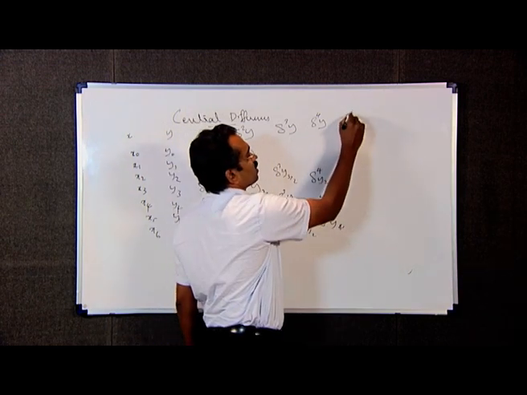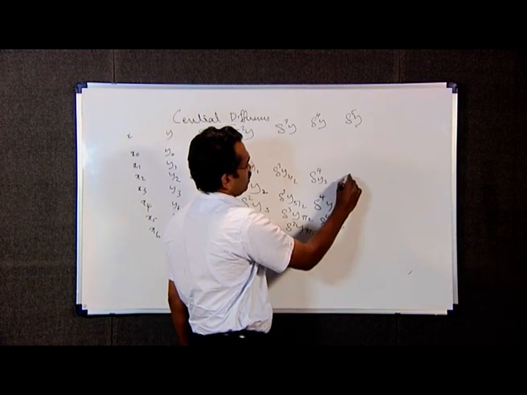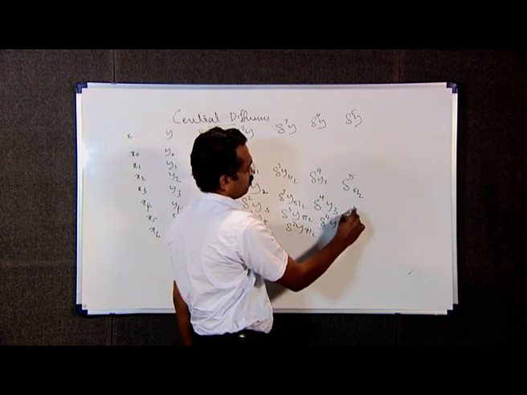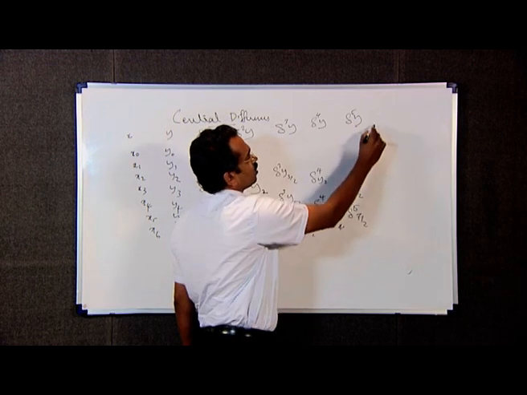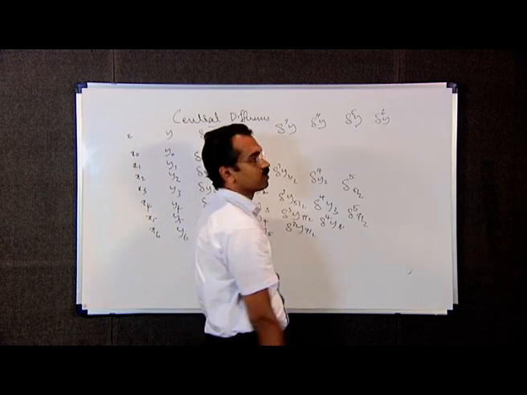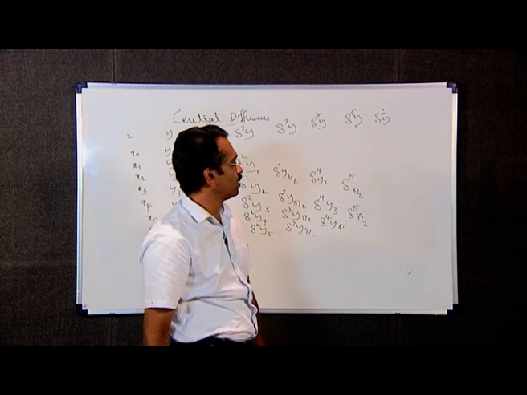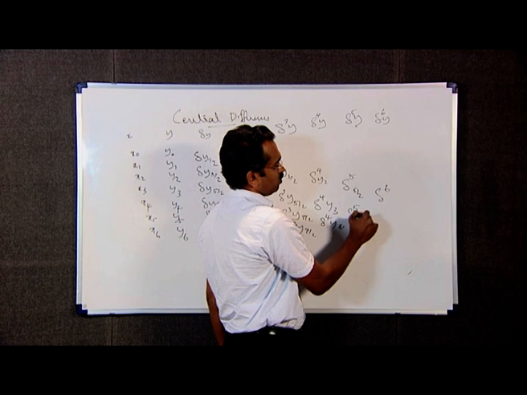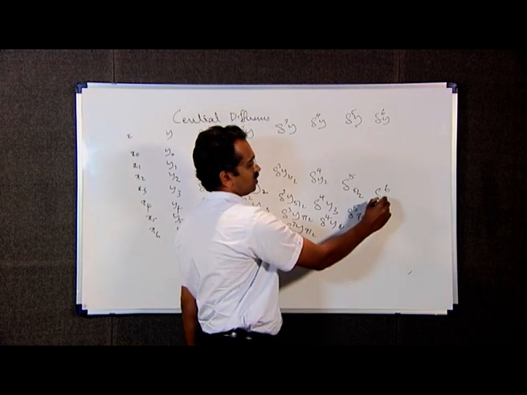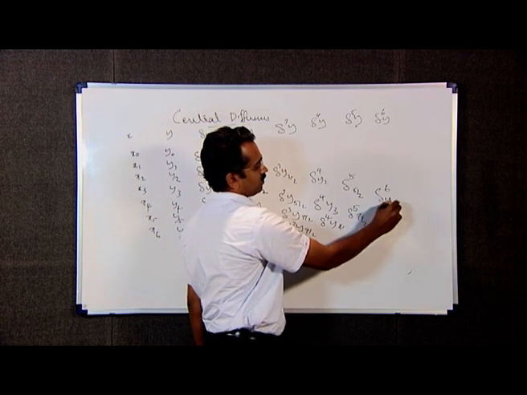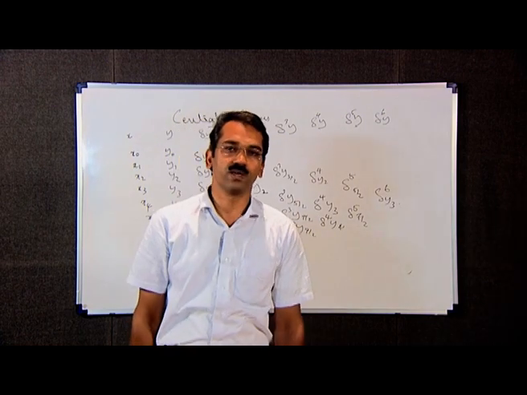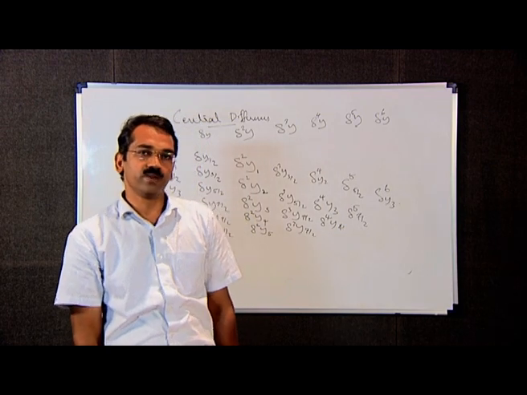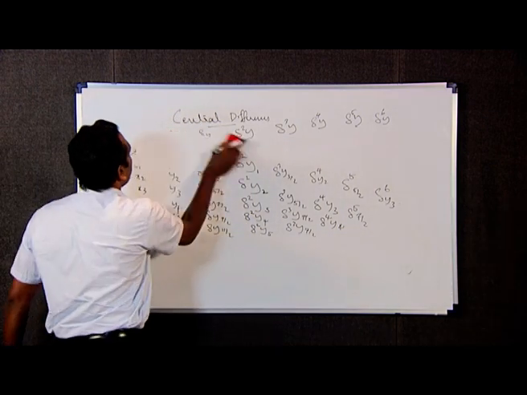The fifth differences are delta raised to 5 y 5 by 2 and delta raised to 5 y 7 by 2, and the sixth difference is delta raised to 6 y 3. This is the difference table. Now, we define another operator, the mean operator.